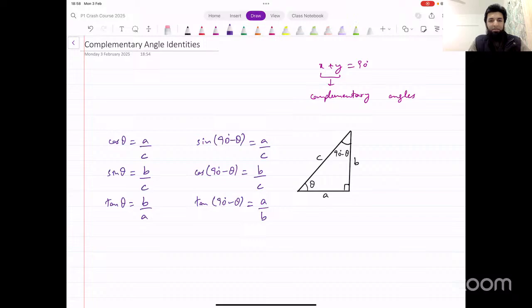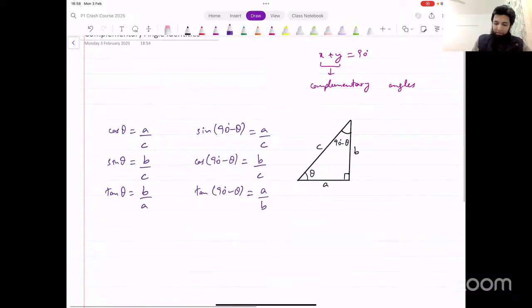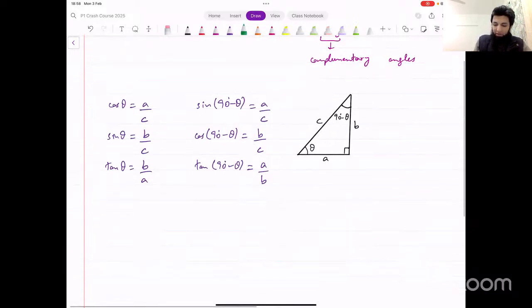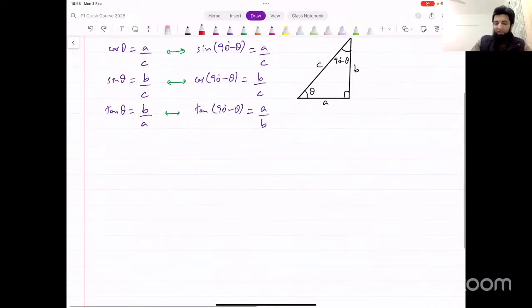Now you notice the connection between these ratios. These two are same. These two are same. These two are not the same, but they are reciprocal of each other. So from this, we actually have three identities that look like this. Sine of 90 minus theta, that is identical to cos of theta.